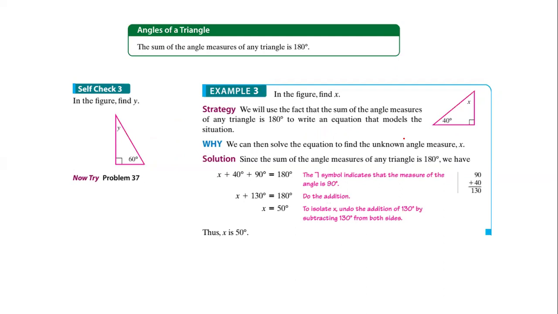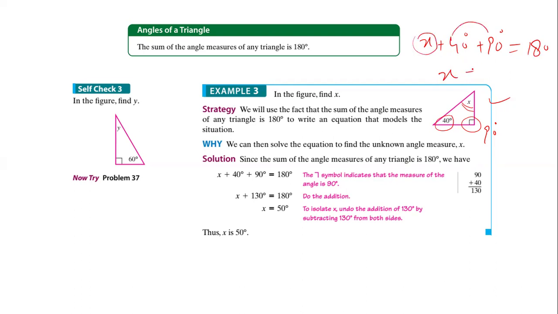Here we have this problem. In this problem, we are given one angle of 40 measure. The other one has a measure of 90 degrees. And the third one is unknown. So x is the first angle, 40 is the second one, 90 is the third one. As a whole, the sum will be 180. We are interested in x.